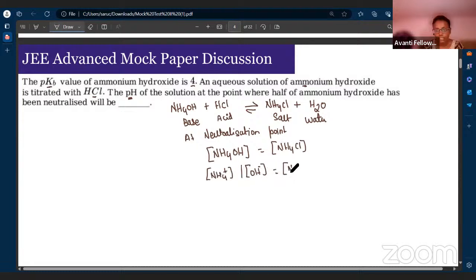So now you have the base, you have the salt, and the pKb value is given. You have to calculate pH. What equation will you use to solve this question?